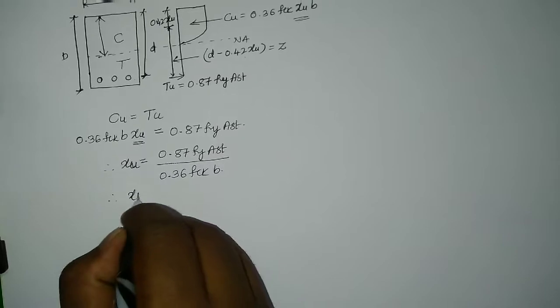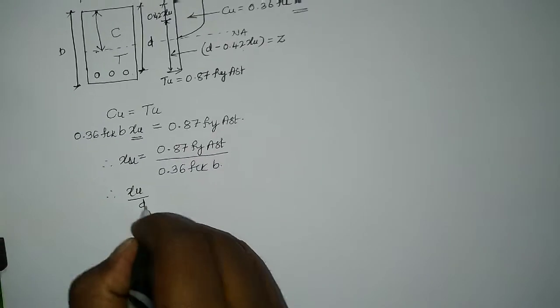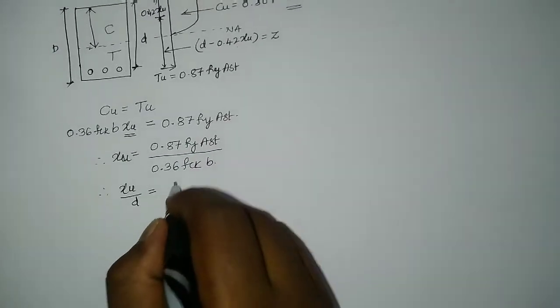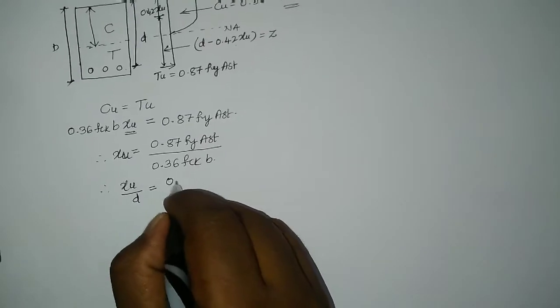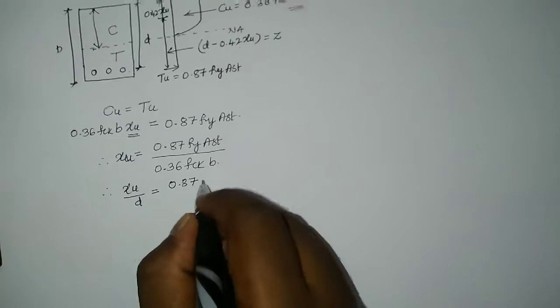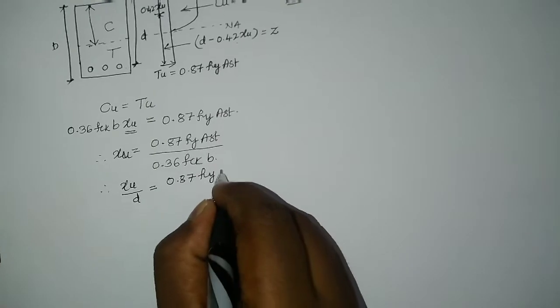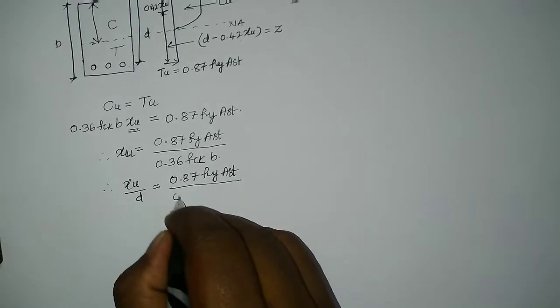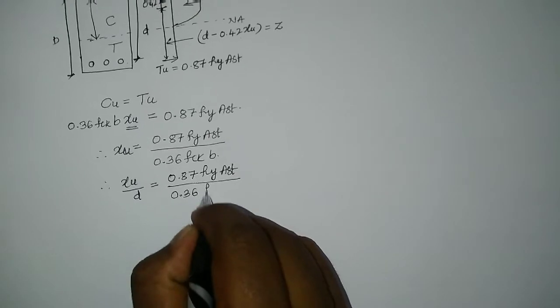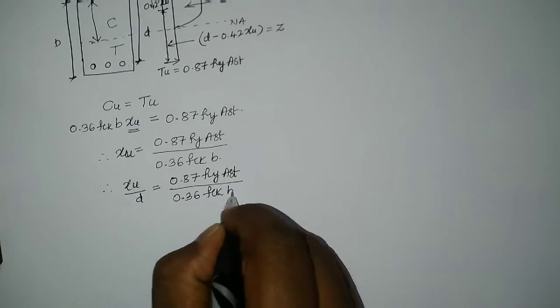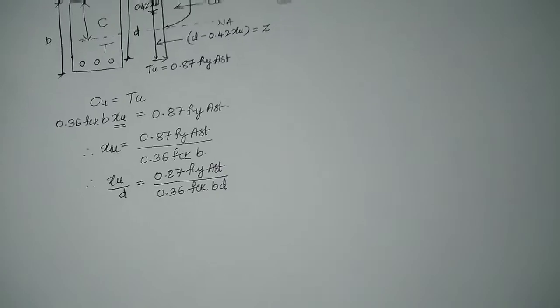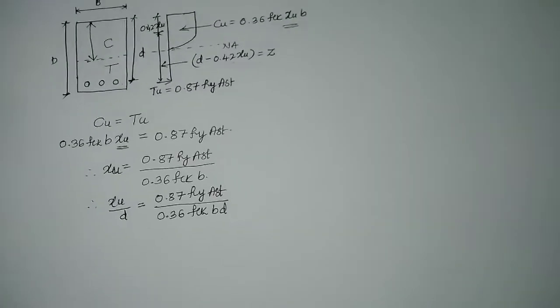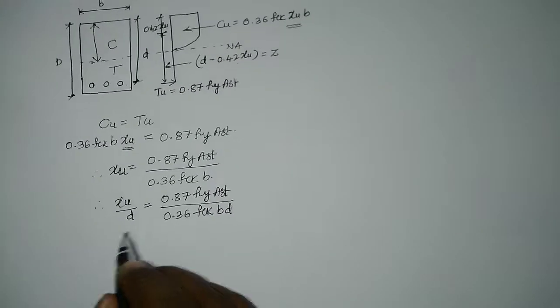It is written as XU by D. Divide by D on both sides. So XU by D is equal to 0.87 fy Ast divided by 0.36 fck B D. This is the equation which we will use to find the depth of neutral axis.